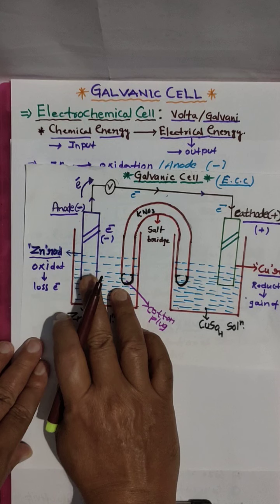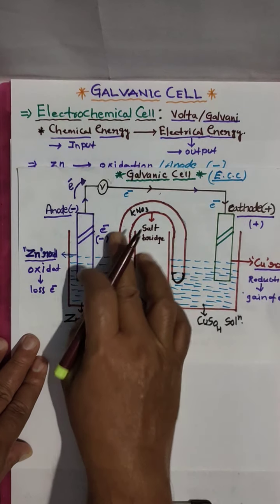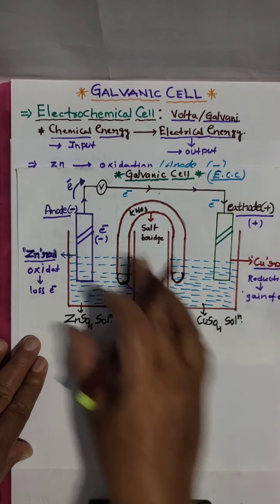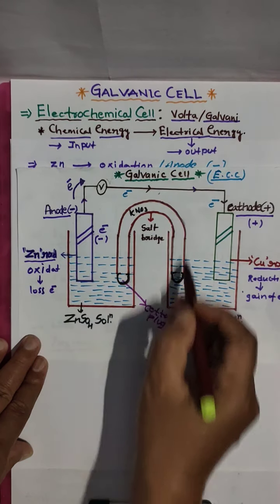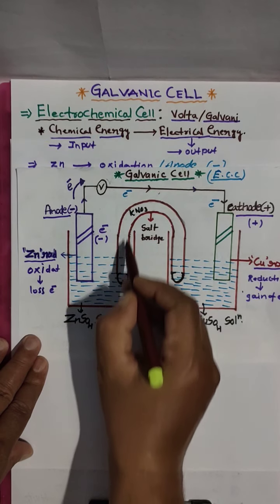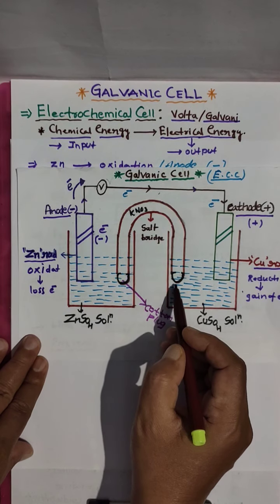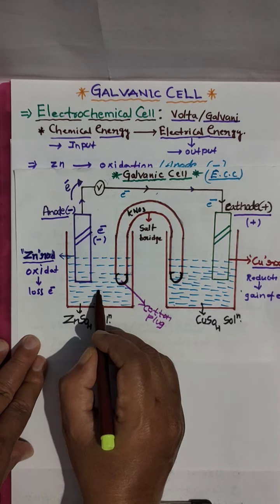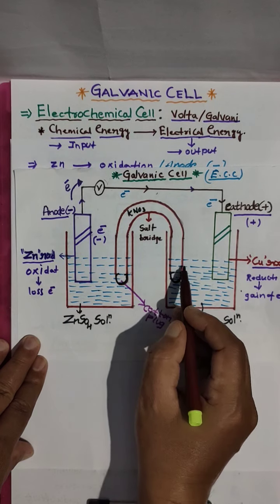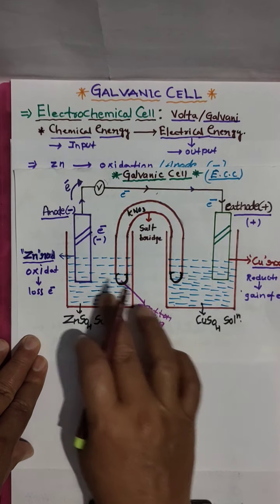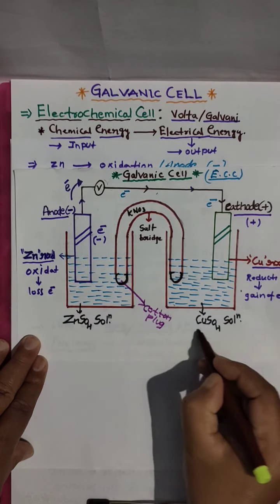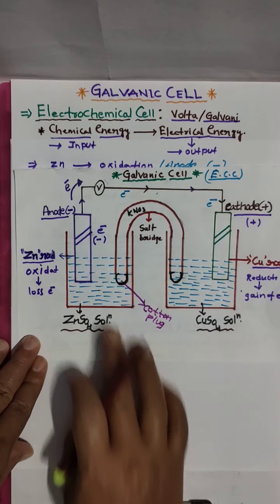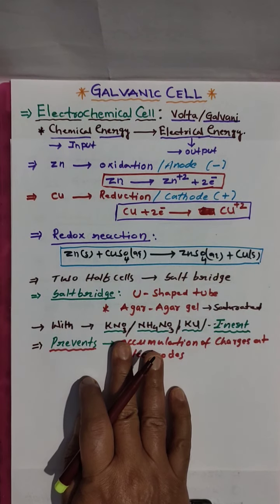Here electrons are released and would stay here only, and charges would gather together; to avoid that we use this. And one more thing, this salt bridge will not allow this solution or that solution into it. Here we took the electrolytes, copper sulfate and zinc sulfate. It will not allow any solution at any cost. So this is about the galvanic cell.